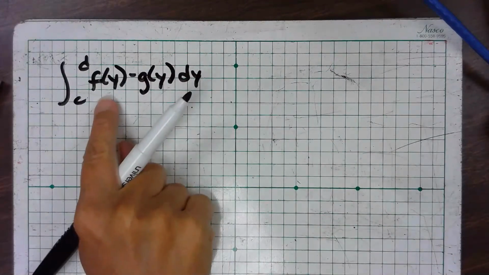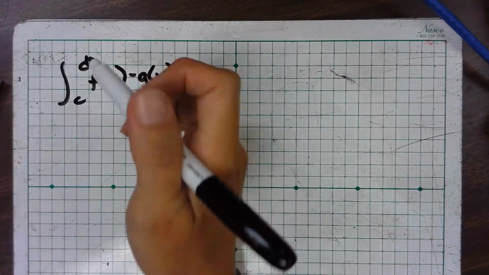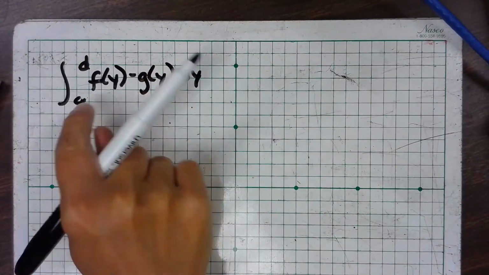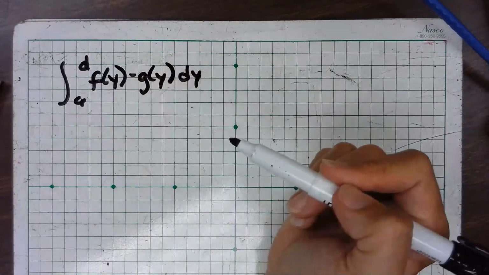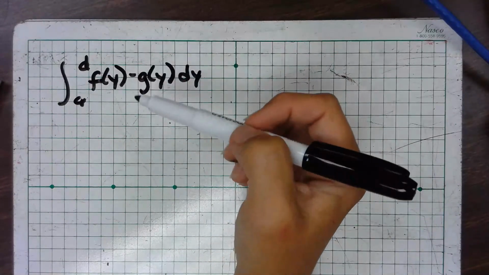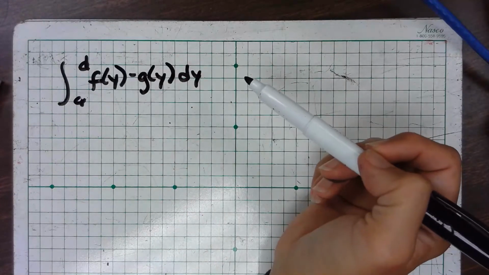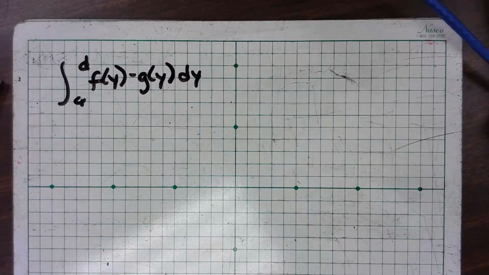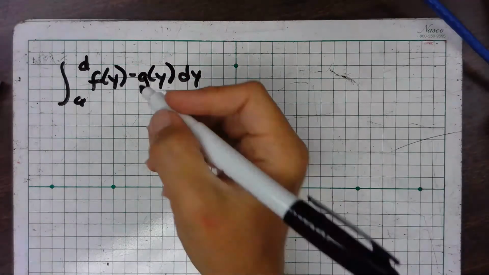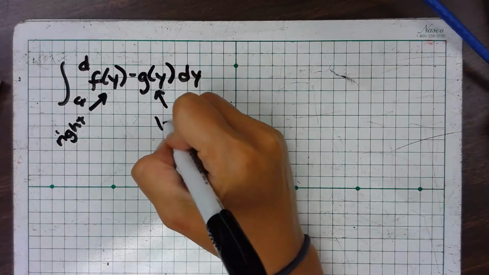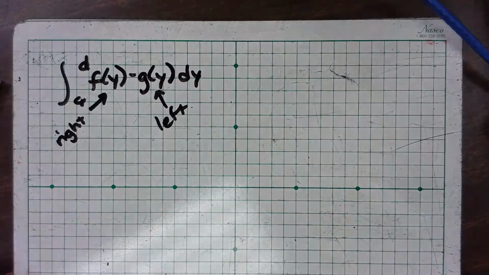I like to tell students this: if I have y's here, then these bounds are coming from my y-axis. If I have x's here, these bounds are coming from my x-axis. When I do the x's, I subtract the bottom from the top. If I'm doing my y's, I'm subtracting left from right. You're going to see us do that in just a second. So this is going to be the right curve, and this is the left curve, instead of top and bottom.